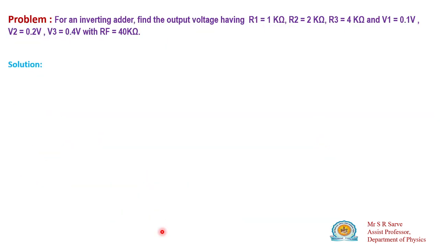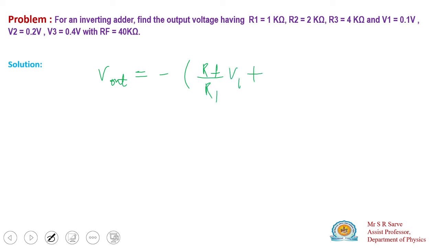Now this is a problem for you. You have to attempt this. This problem is also similar, with the same condition. Here you can directly write output voltage is equal to minus (Rf divided by R1 into V1 plus Rf divided by R2 into V2 plus Rf divided by R3 into V3).